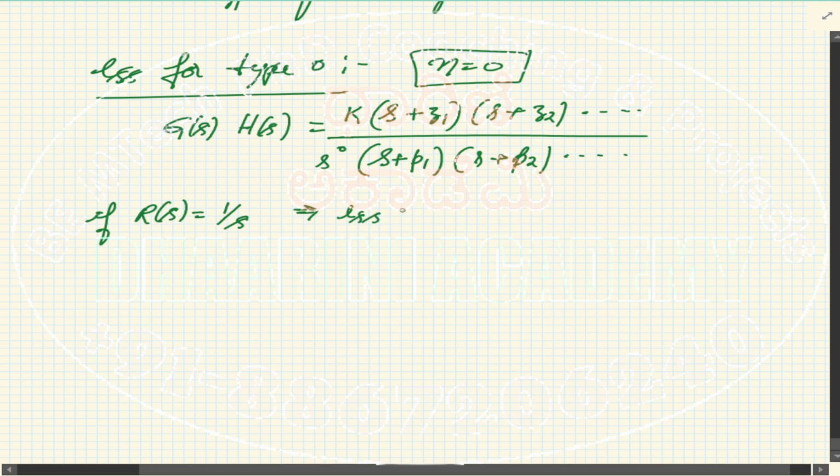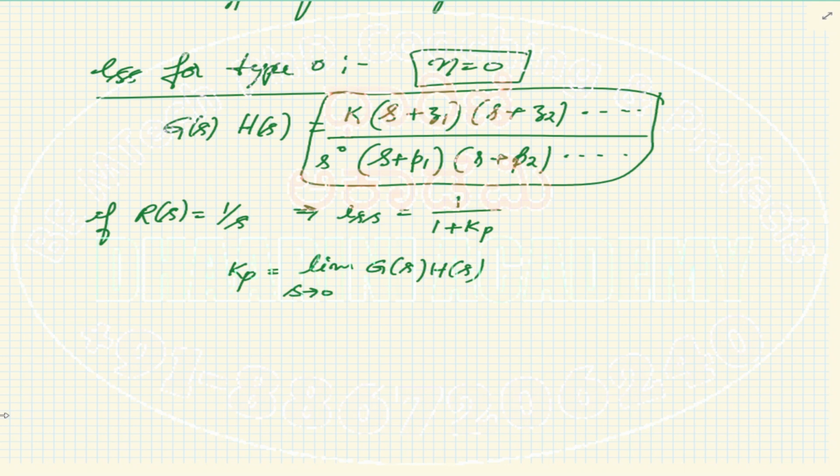Already we have calculated. ESS is equal to, when the input is 1 by S, 1 by 1 plus Kp. Which means I need to calculate Kp now. What is Kp? Kp is equal to limit S tending to 0 of G of S into H of S. Apply this. G of S into H of S is this. Correct?